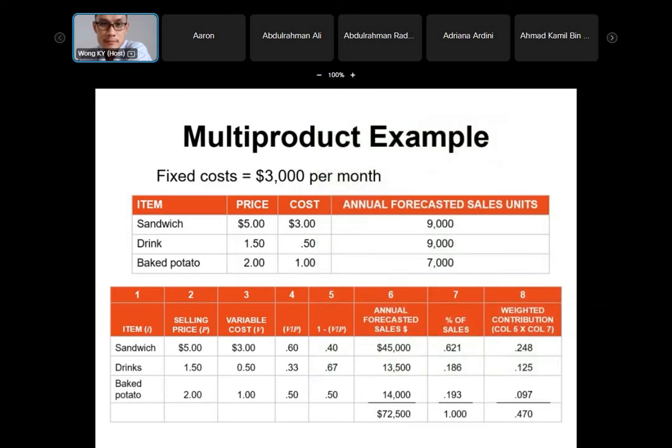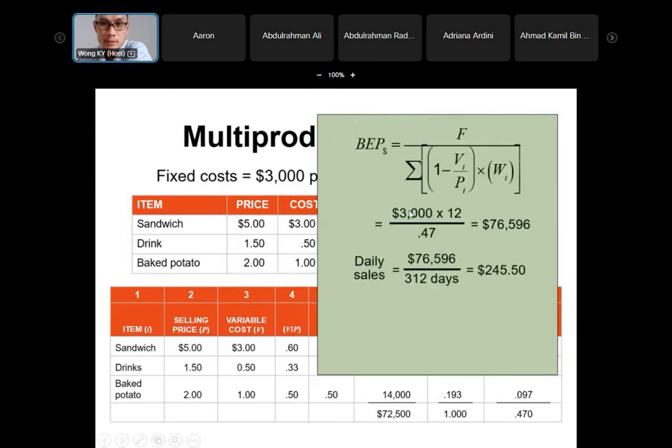And since we are working with per year, because we calculated the annual forecast sales dollars, right? So we have to change the fixed cost to per year. Okay, so 3,000 times 12, we change it to per year, and then you divide by this term. This term has already been calculated, which is 0.470.